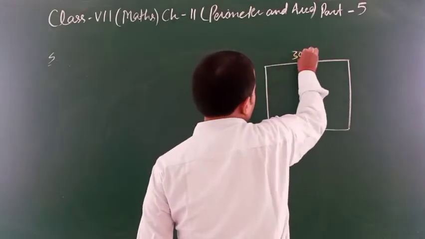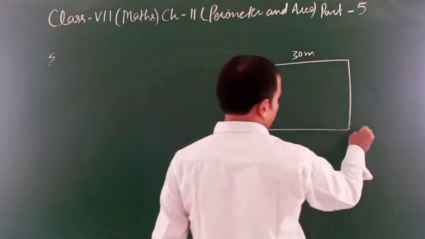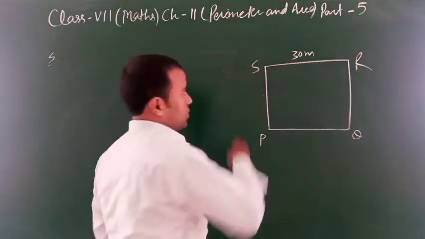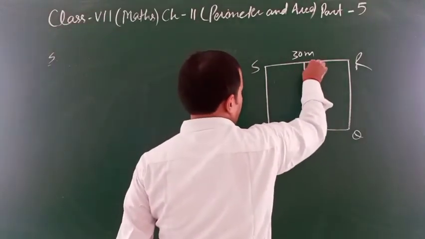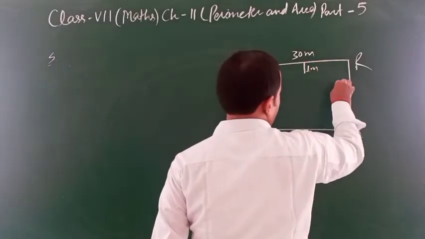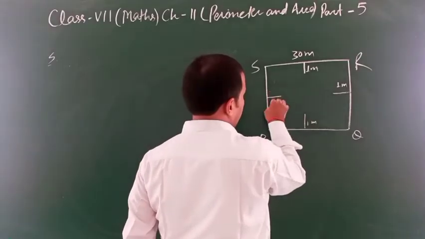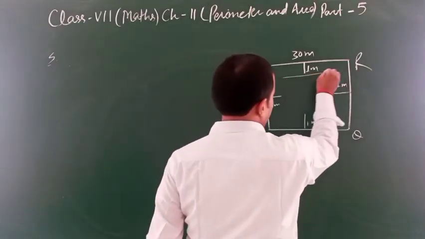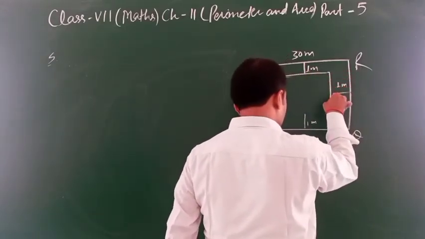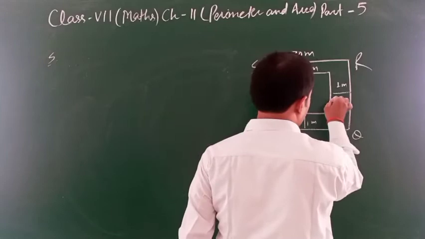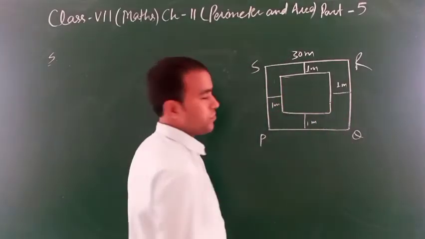This length is 30 meter, PQRS. 30 meter, inside 1 meter. Here is also 1 meter, here is also 1 meter, here is also 1 meter. Then we are getting one more square. Clear?